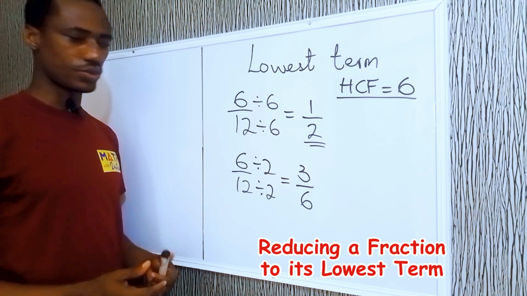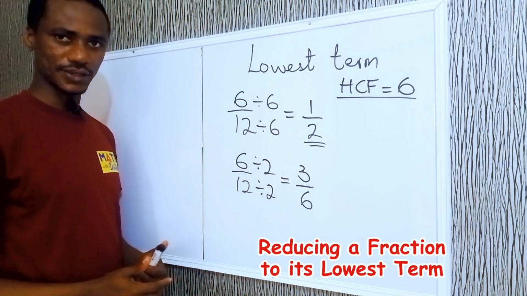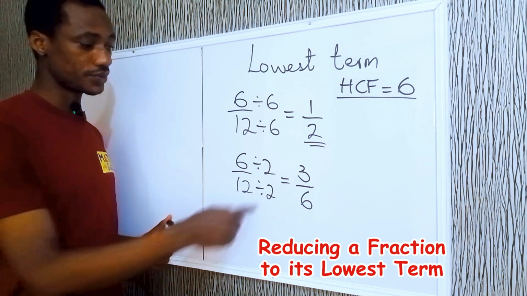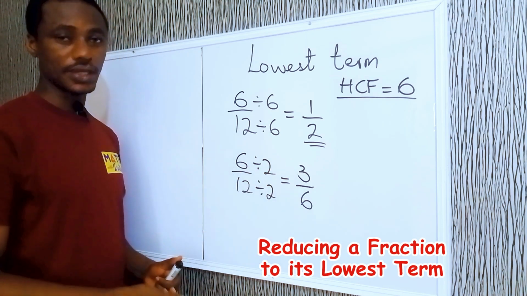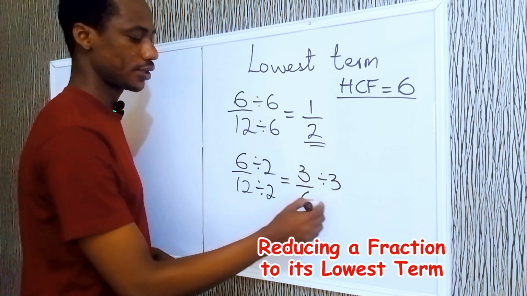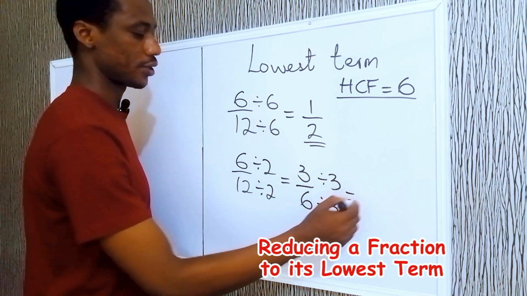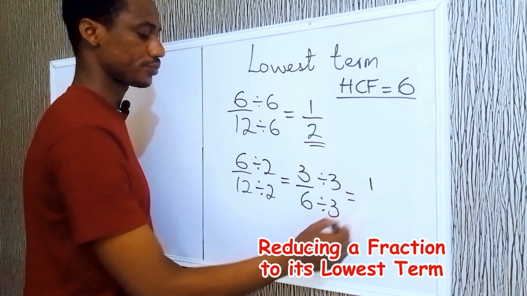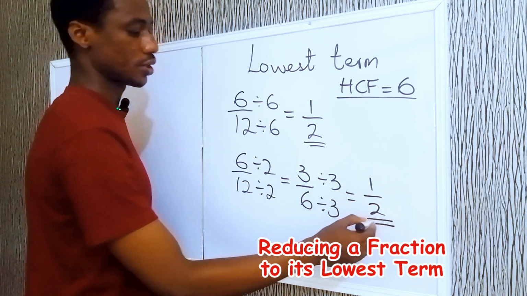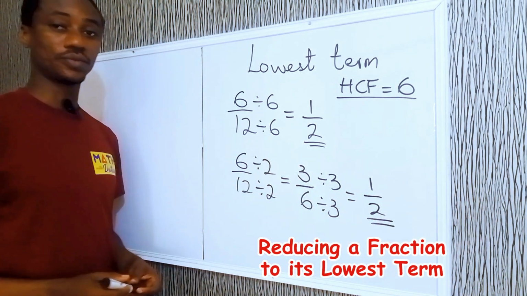Now I know also that 3 can divide 6 and 3 can also divide itself. So 3 is a common factor of both 3 and 6. I'll go ahead and further divide by 3 and divide by 3. So 3 divided by 3 is 1, and 6 divided by 3 is 2. As you can see, we arrive at the same answer.